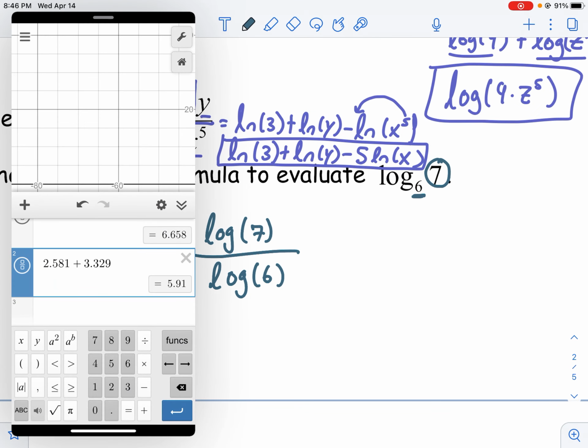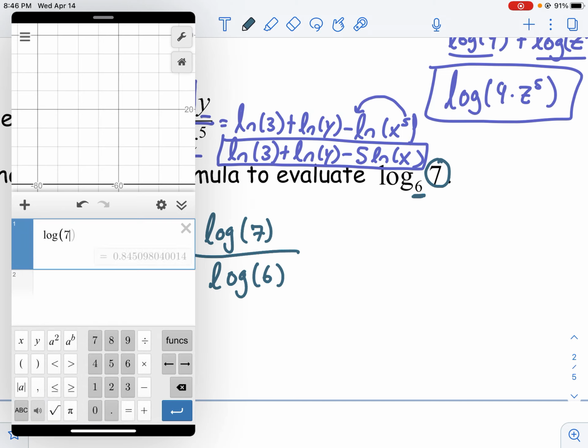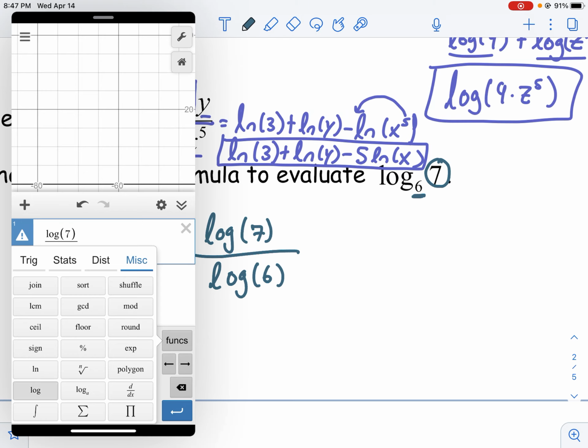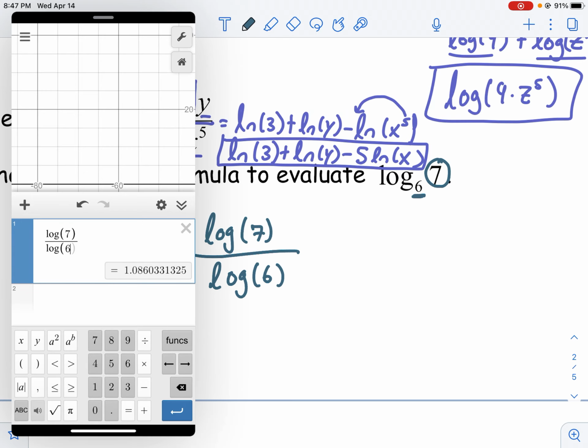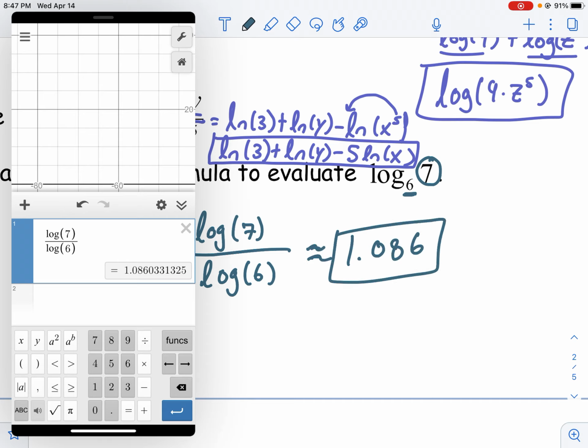Grab our calculator out so that we can finish this problem. That is going to be log of 7 divided by log of 6. And that'll give us 1.086, I guess we can say approximately, because we rounded.